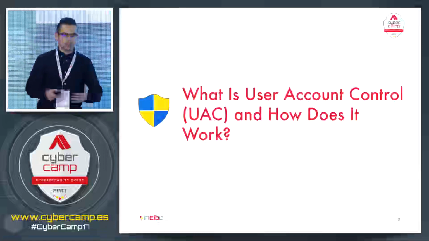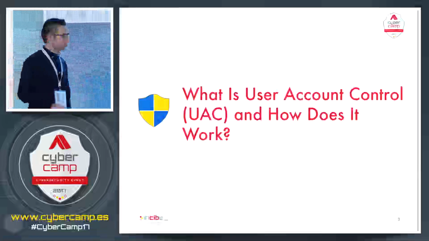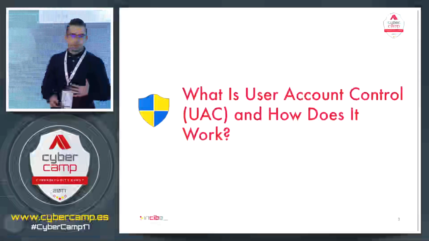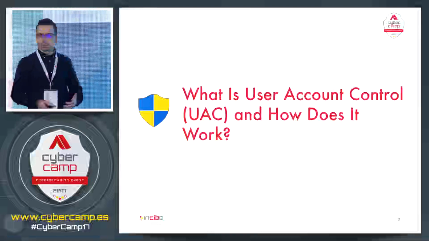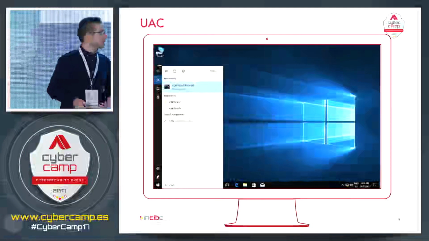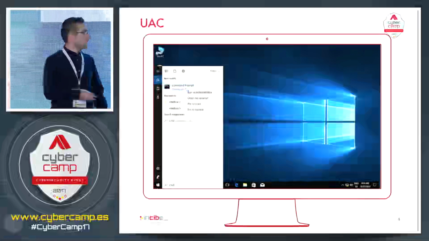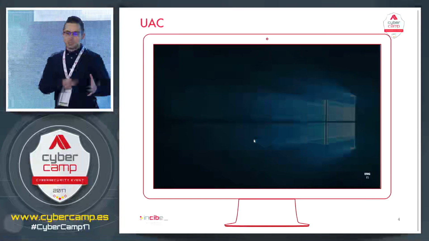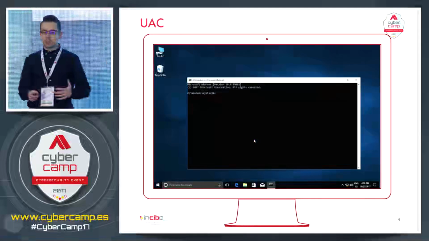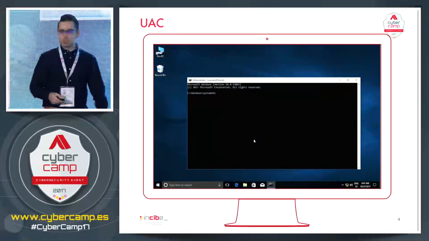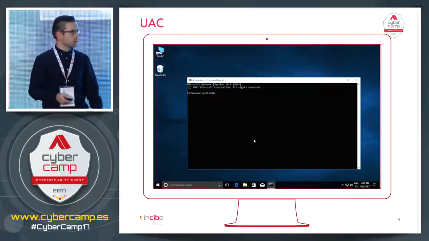First of all, let's focus on what the user account control is and how it works. I'm sure that when you use Windows and when you run an application as an administrator, this happens. You start the application and this is what happens. Well, this window is asking us for admin permission.